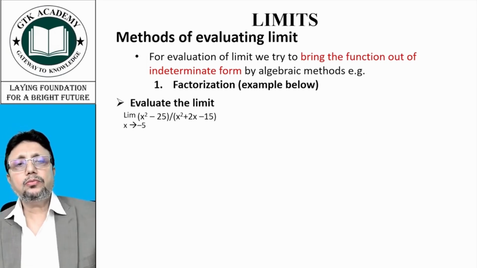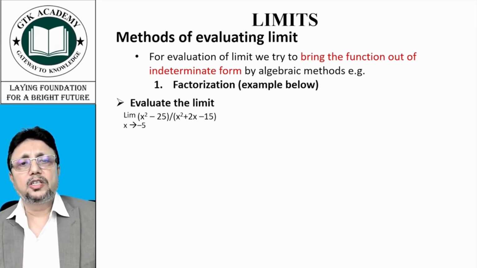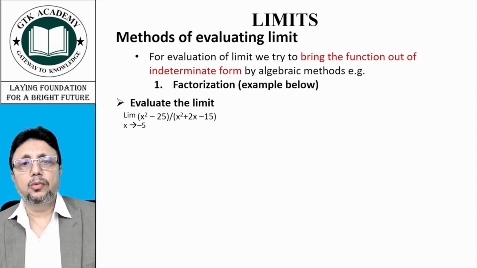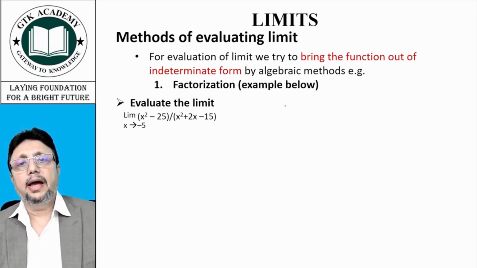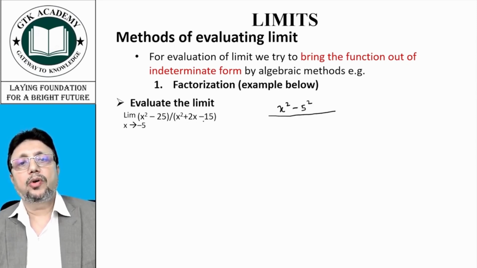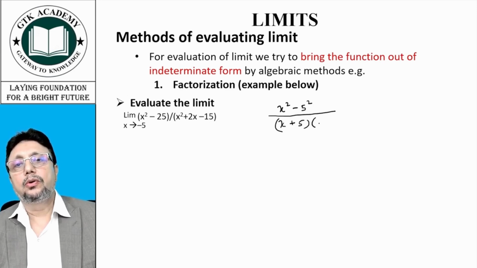So what do we do? We'll just check whether it is possible to factorize this expression in the numerator and denominator and try to cancel out something so that it comes out of this indeterminate form. Let's see. Now x square minus 25 can be written as x square minus 5 whole square, upon x square plus 2x minus 15 can be written as x plus 5 into x minus 3.